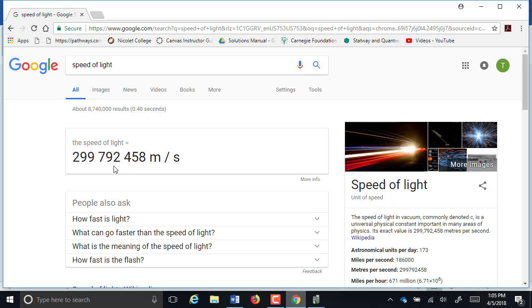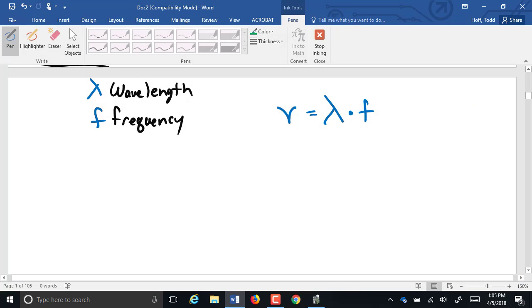No, 300,000 kilometers per second, 300 million meters per second. So 300 million meters per second. That's the speed.